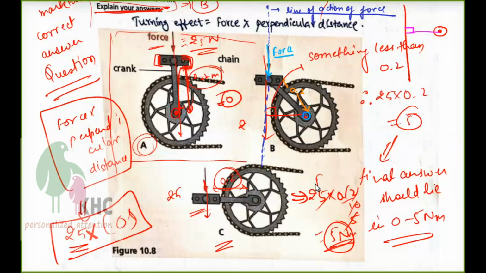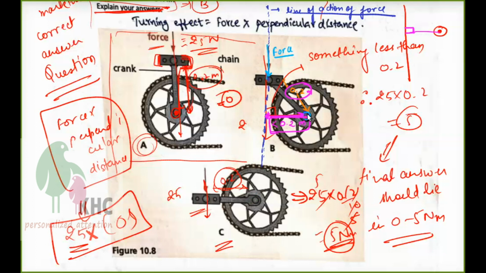Sure? Okay. And therefore, if this length is 0.2 meters, then this length is definitely going to be some number which is less than 0.2 meters. How did I do that?